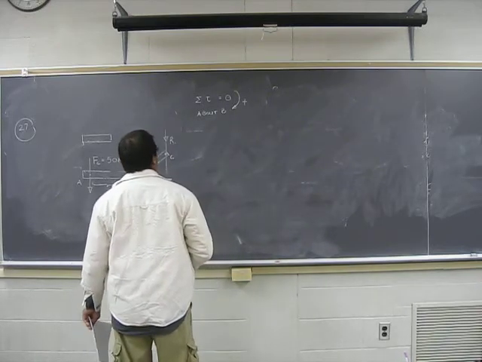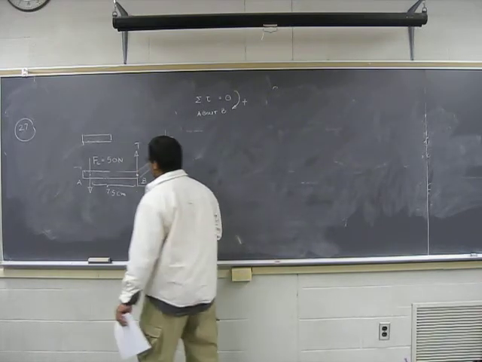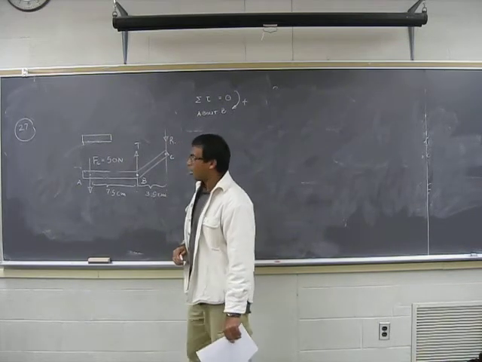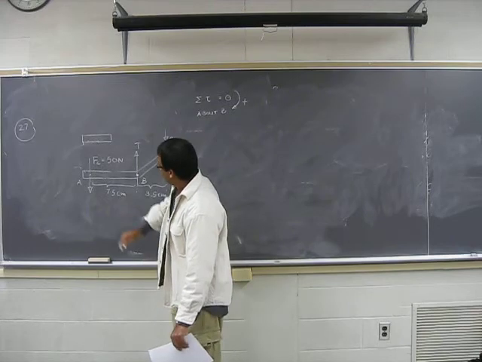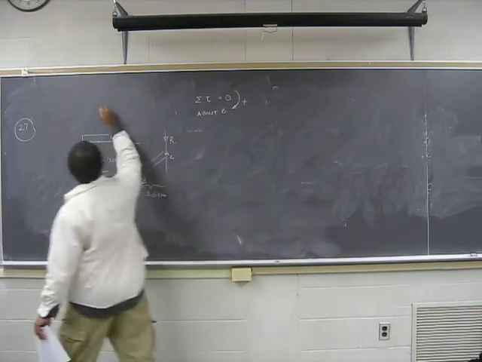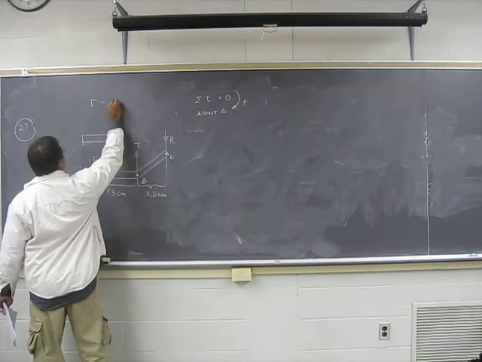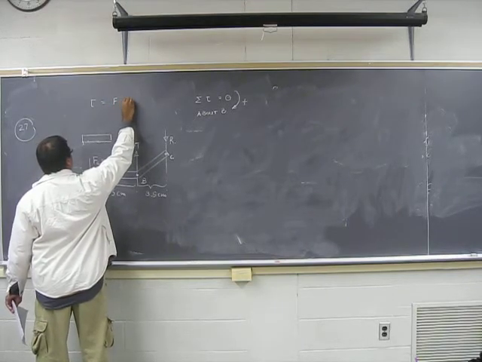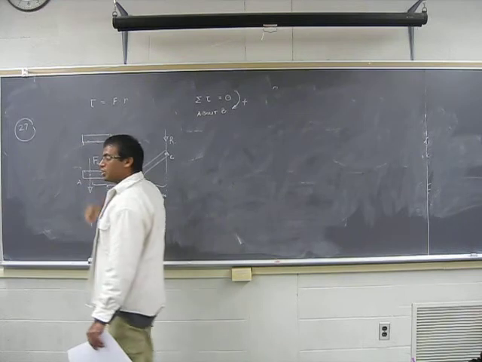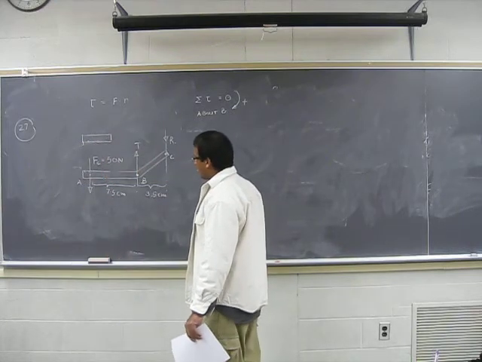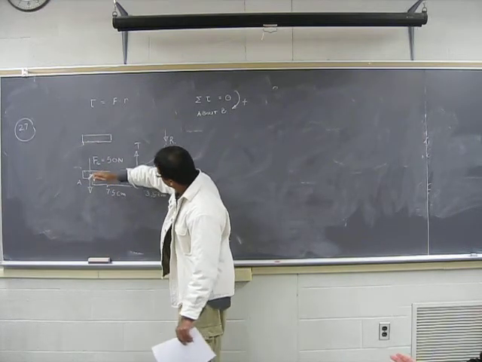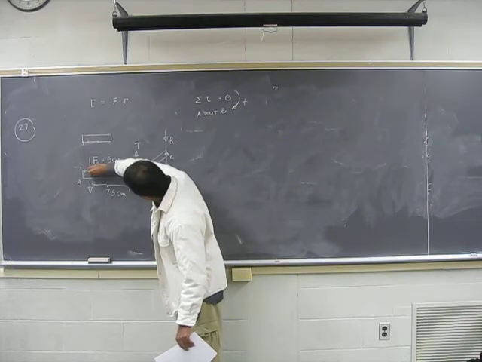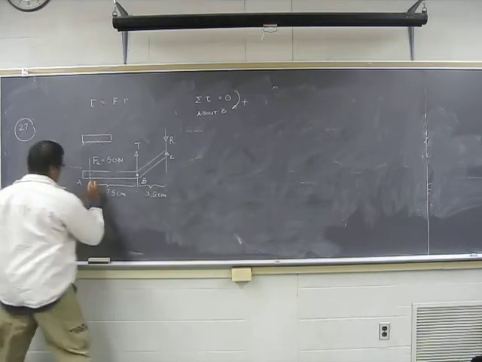Now, let's try to put in our torques. Torque is defined as a force times the vertical distance to the force from the pivot point. So if I look at this, this is my pivot point.